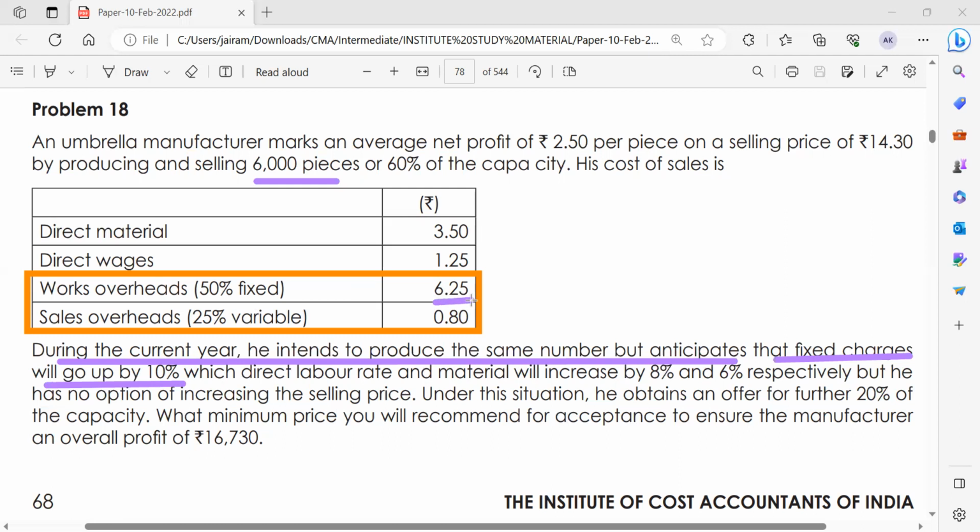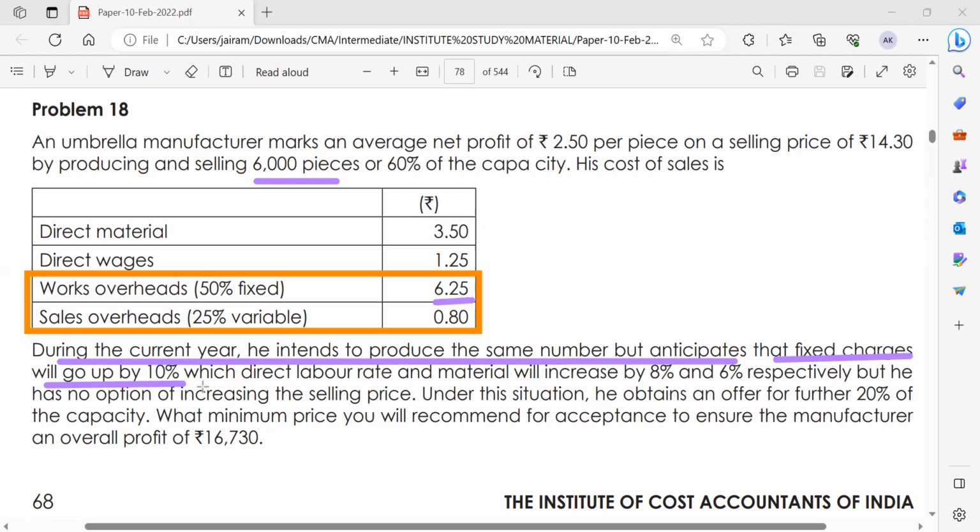So you'll get it per unit, multiplied by 6,000 pieces. That gives fixed overheads in works overhead. For sales overhead, 25% is variable, so 75% is fixed. That is 0.8 into 75%, so 0.6 is fixed. Multiply by 6,000 and add the two fixed costs. That will be your fixed cost.